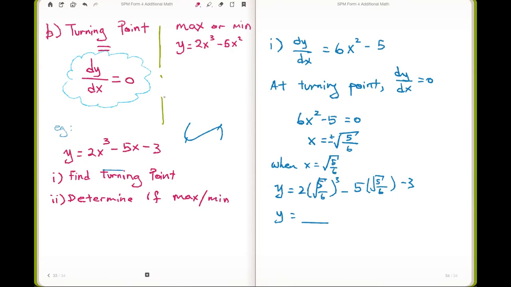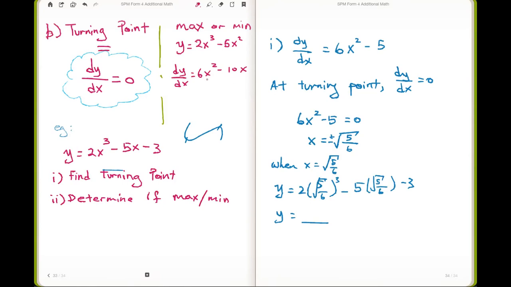The first derivative, dy/dx, will be 6x squared minus 10x. You equate this to 0 and you get the coordinates for the turning point.